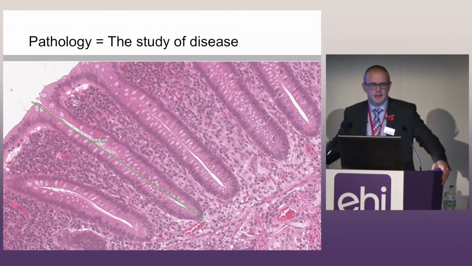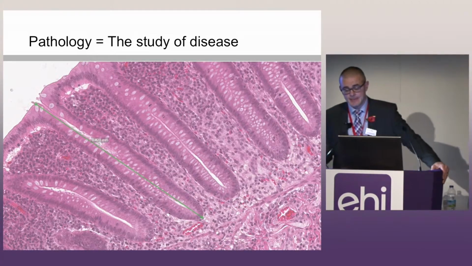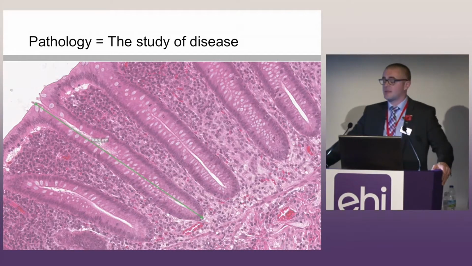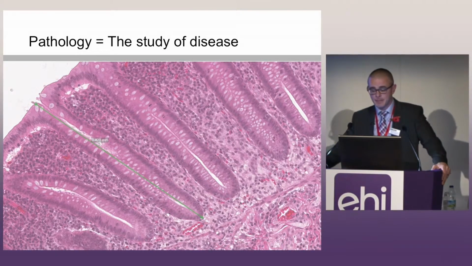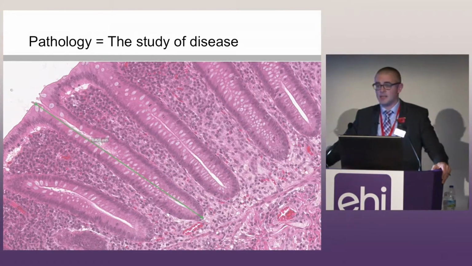What you see here is a typical representation of a pathology slide. This is a section of an appendix magnified some 200 times. The purple dots that you see on the slide are cell nuclei. The lighter pink portions of the slide are the cytoplasm, and the red dots that you can see scattered around the slide there are actually red blood cells.